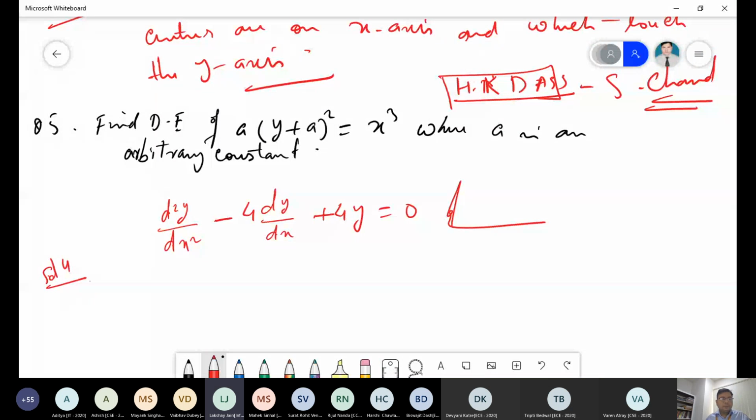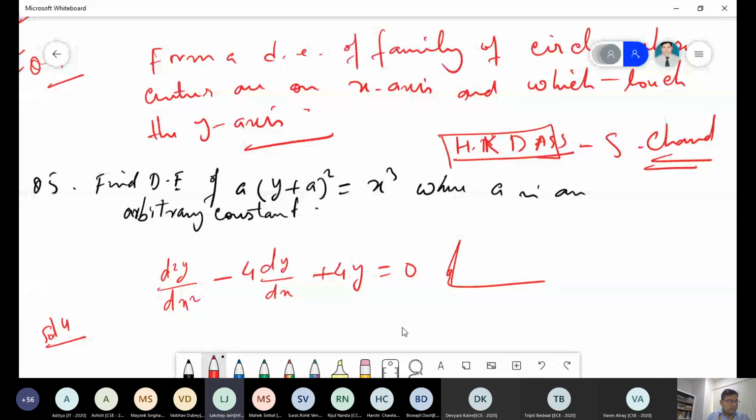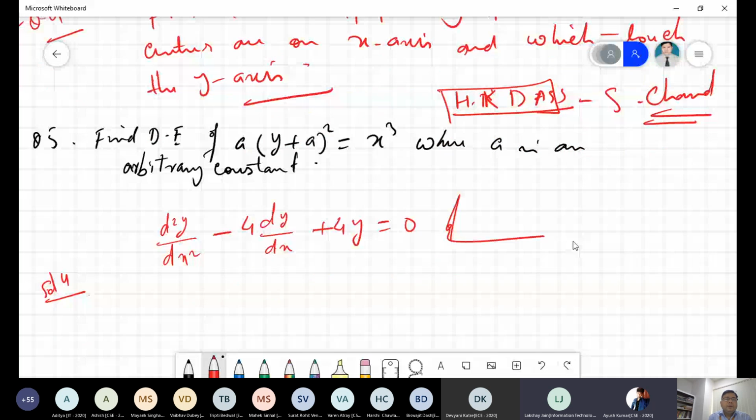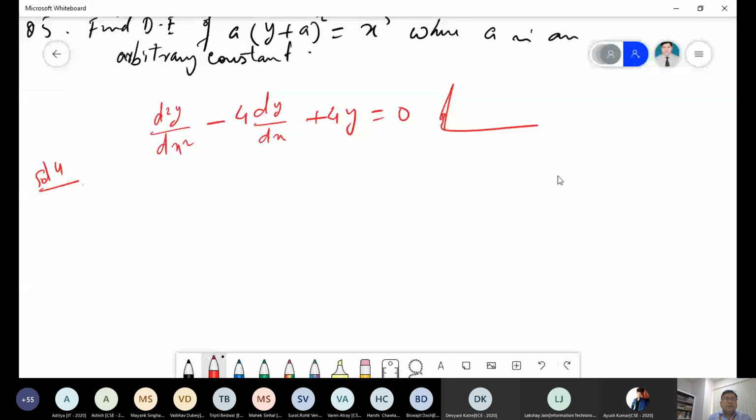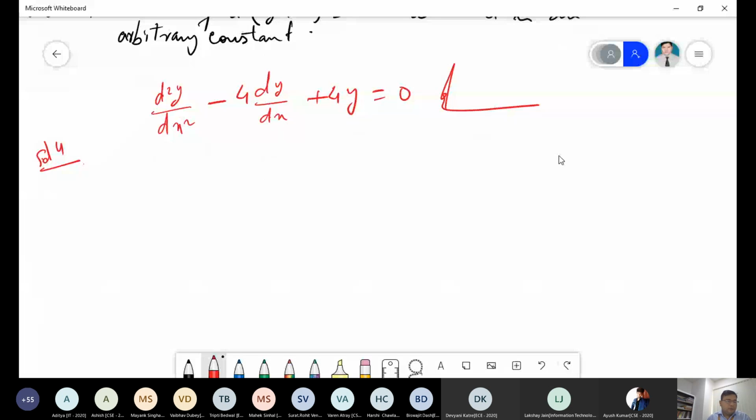Question number 4: form the differential equation of a family of circles whose centers are on the x-axis and which touch the y-axis. y square minus x square minus 2xy y dash is equal to 0. Yes, sir. x square minus y square plus 2xy dy by dx equals to 0. No issue. Maybe somebody has a problem to solve this question.